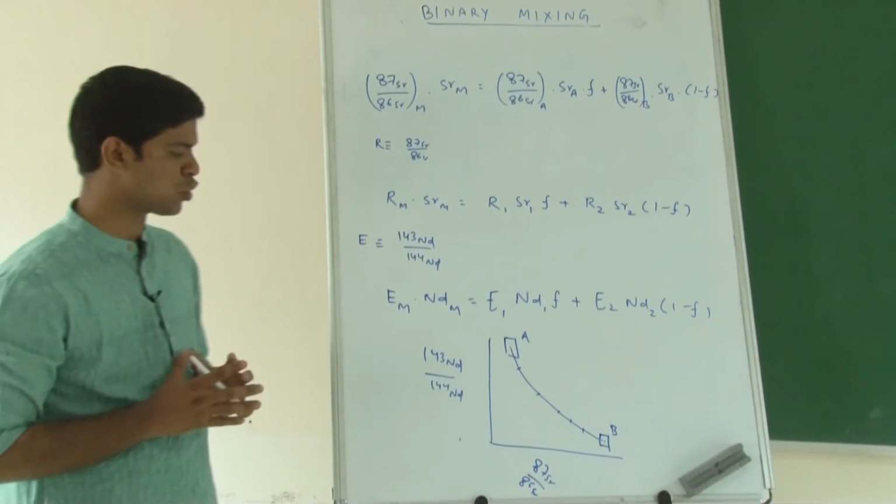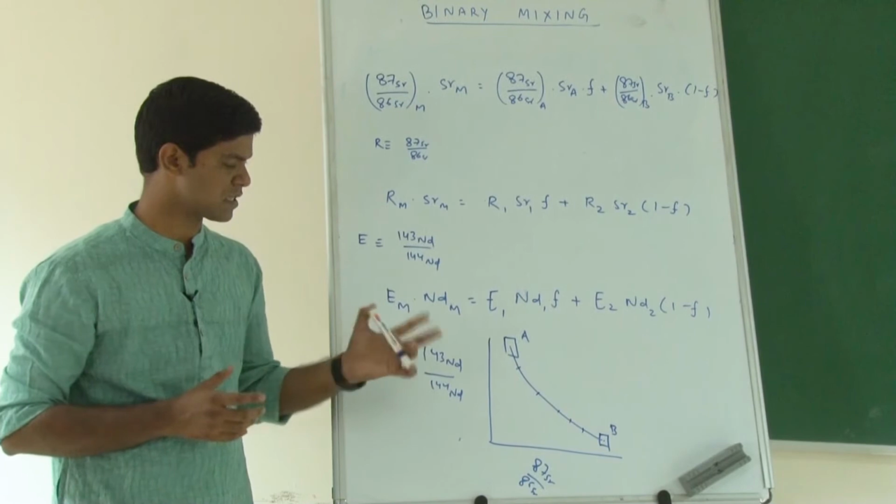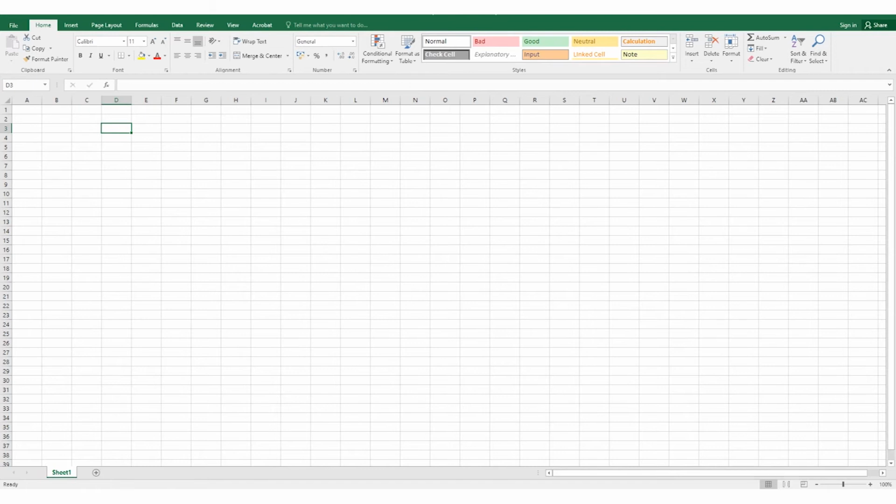Now, we will go to the computer and try some real time problems on how these mixing trends can be generated. I will show some examples of how this can be used. Let us say I am taking two elements, strontium and calcium, with source A and source B. Let us say strontium A is about 100 ppm and calcium is 10%.